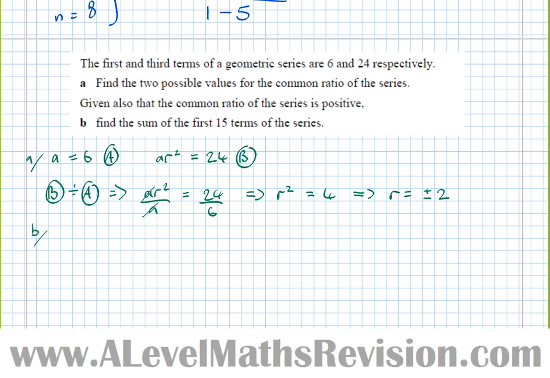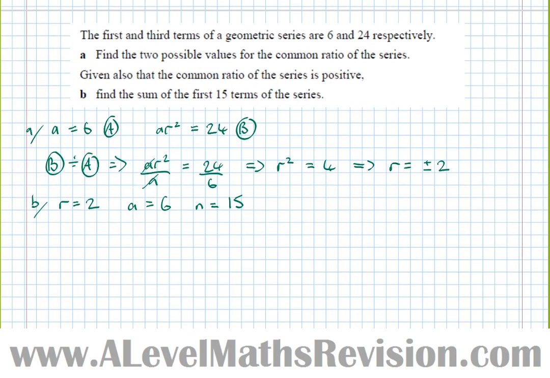Part B, given also that the common ratio of the series is positive, find the sum of the first 15 terms of the series. So we know that R is 2 now, and we've got A equals 6. And we want the sum of the first 15 terms, so n equals 15.